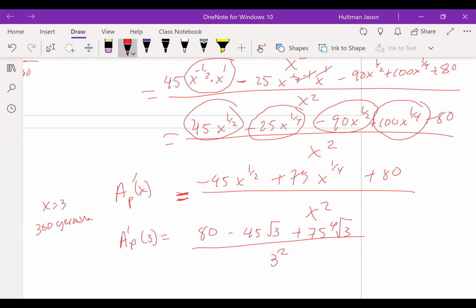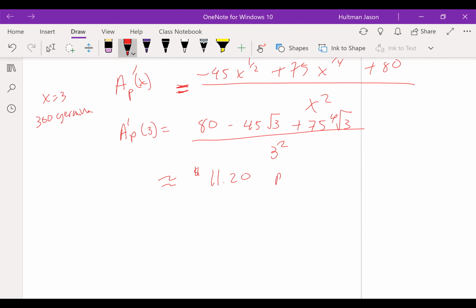So it's 11.20 per 100 plants. So every 100 plants, my profit is going up by about $11.20. So here's how I'd write this.